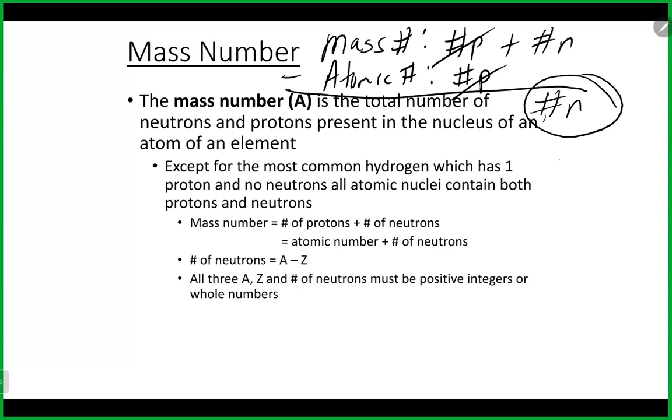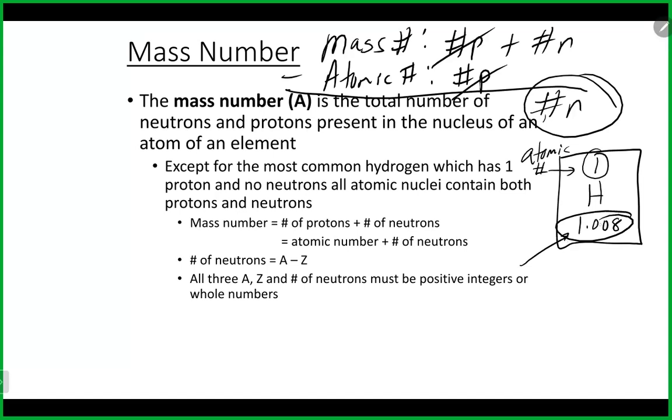So when we go to the periodic table and we look at hydrogen, there's a 1 up on top, which is our atomic number. If we look on the bottom, we'll see 1.008. Is that my mass number? The answer is no, it is not your mass number. First off, that is the atomic mass. It is not the mass number.